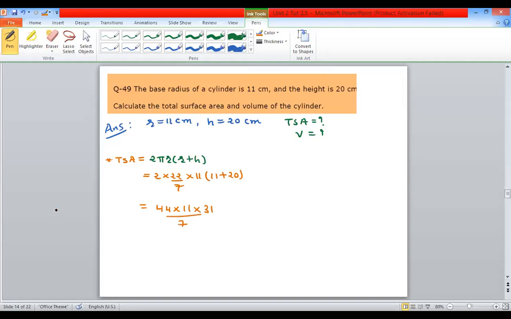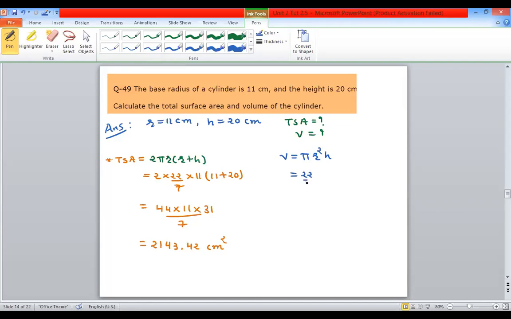Take the product and divide by 7. So it is 2442 centimeters square.